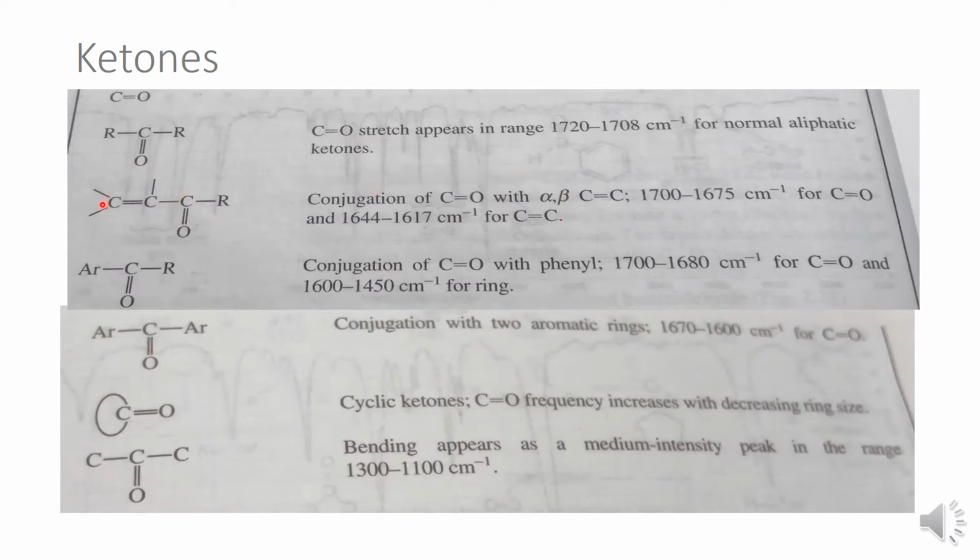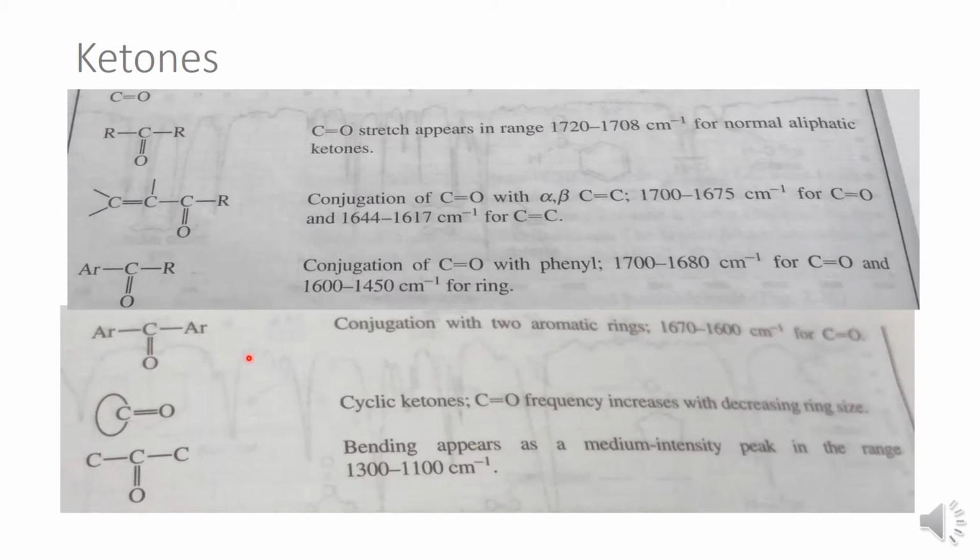Therefore, if there is an alpha, beta unsaturation near this carbonyl group, the carbonyl stretching frequency decreases from 1720 to 1700 per centimeter. Conjugation with a phenyl ring also causes lowering, in the range 1700 to 1680 per centimeter.